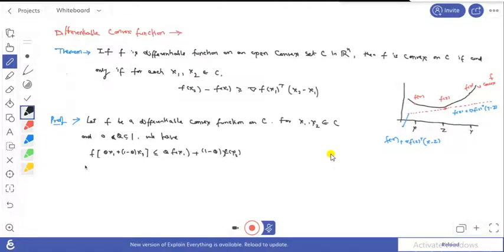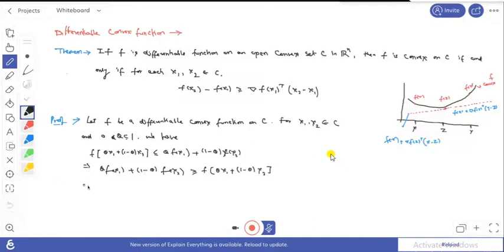Either you can also rewrite this as theta of f(x1) plus 1 minus theta of f(x2) is greater than or equal to f of theta x1 plus 1 minus theta x2. Either you can write this or we interchange left and right side. So this means this thing.